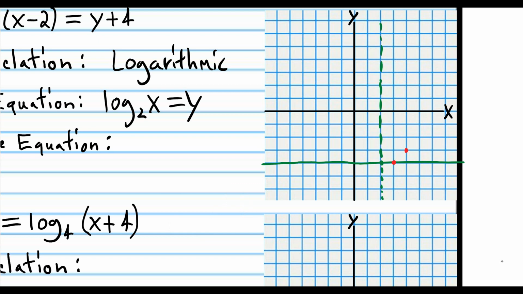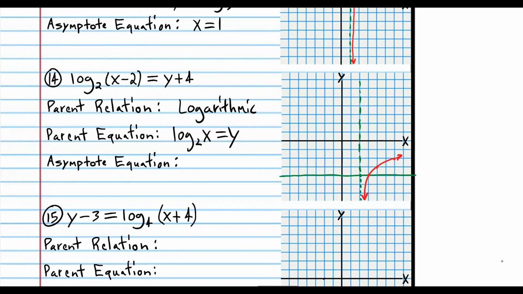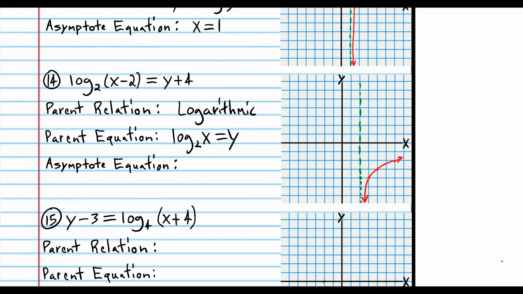So if we go out 1, 2, 3, 4, we can go up 2, and we have our next point there. And now we're ready to connect the dots because we can't really go out any further. Then we're going to erase the horizontal, and that is the graph. The equation of the vertical asymptote is x is equal to 2.